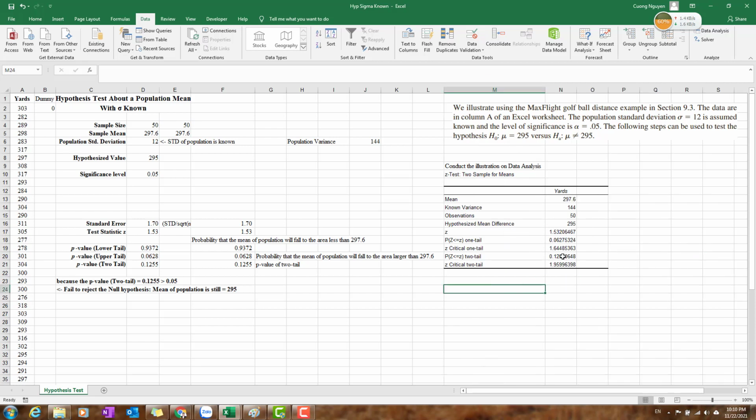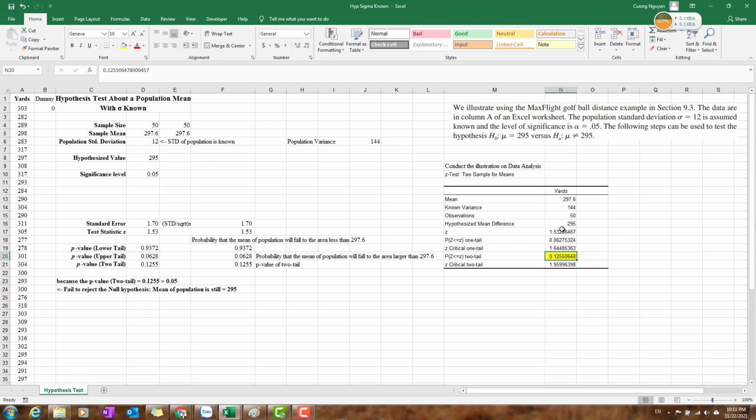Okay, and just look at this. This is the p-value for two-tail, and actually, they are very close to what we were doing. This is the z-score, and it is very close to what we measured already. So we see the p-value, that means the probability of z being smaller than a specific number, 1.52, and this is very small.